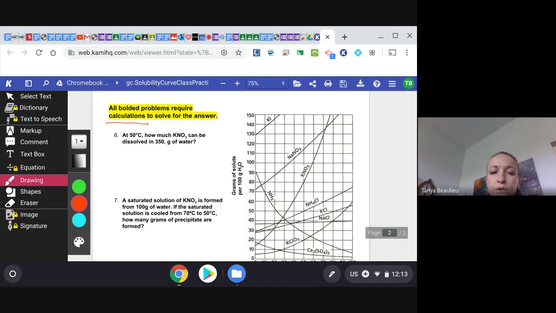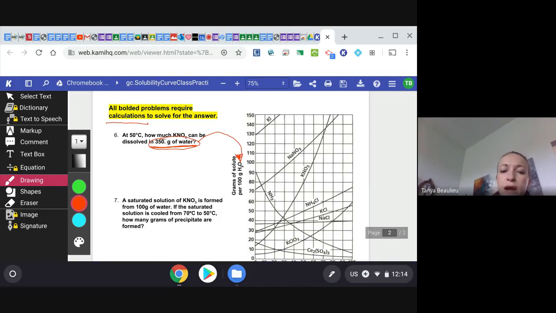All right, so the first question, at 50 degrees Celsius, how much potassium nitrate can be dissolved in 350 grams of water? There's going to be 3 different types of calculations we do with this. This one has a different amount of water. And by different, I mean it's different than what the amount of water is represented on the graph. The graph says it's per 100 grams of water.